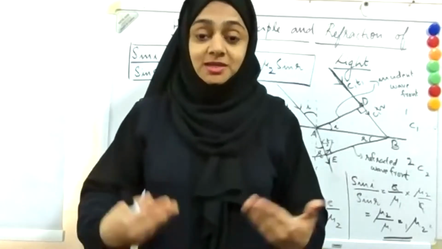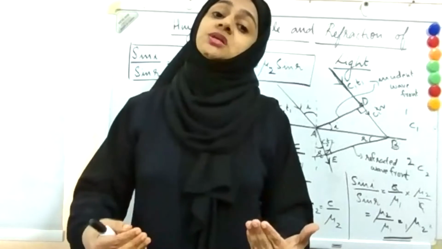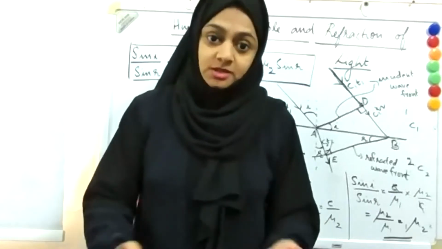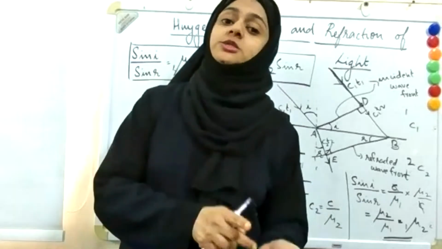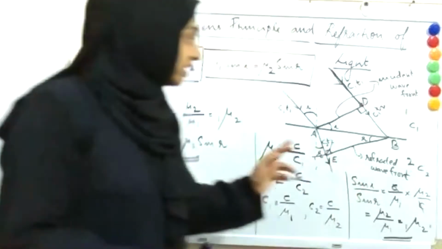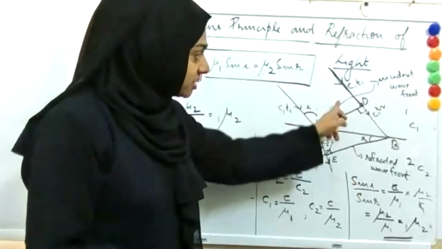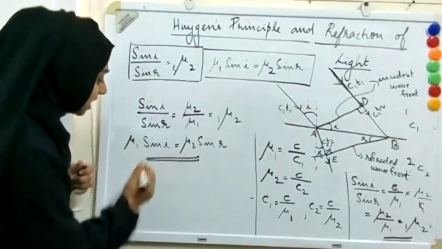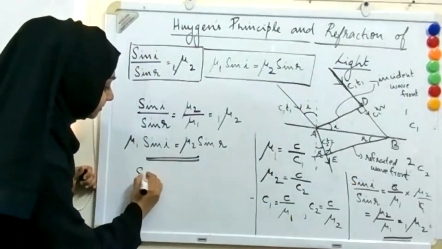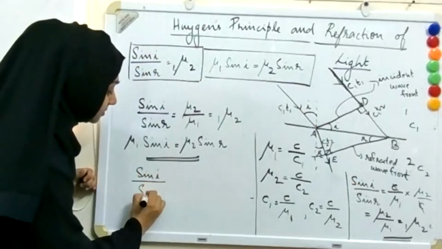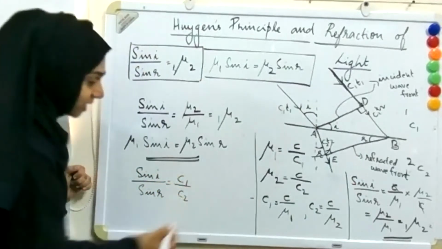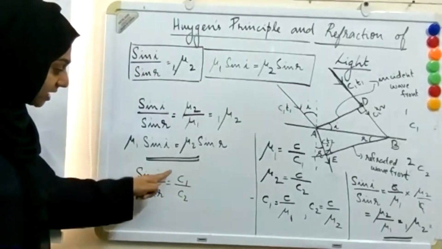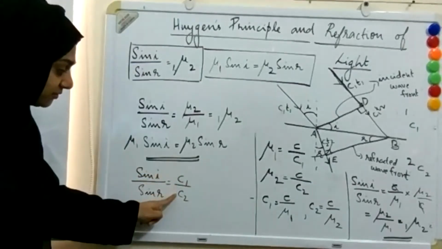So the denser the medium, the faster the corpuscles would travel. That was the idea, but it did not match the experimental results. But when we consider the wavefront concept, we got sin i by sin r equal to C1 by C2.